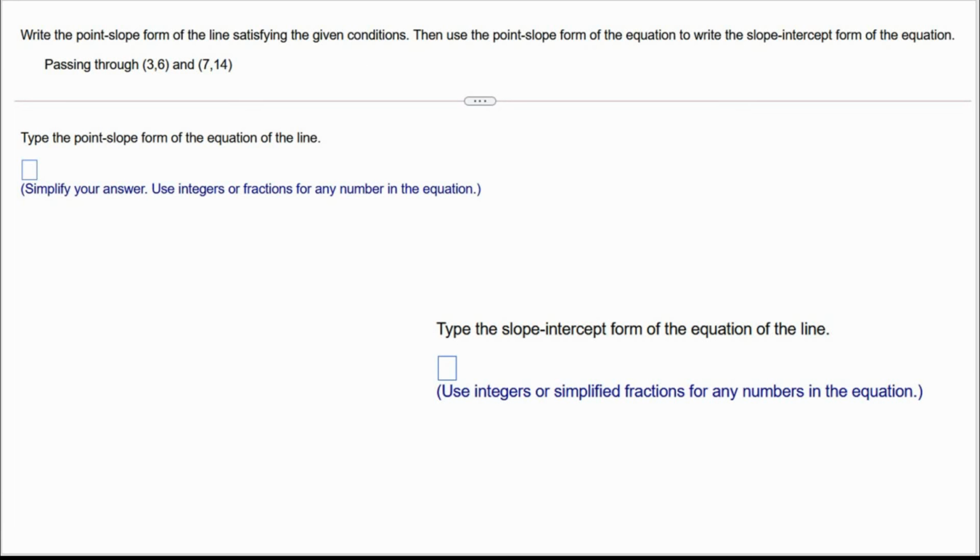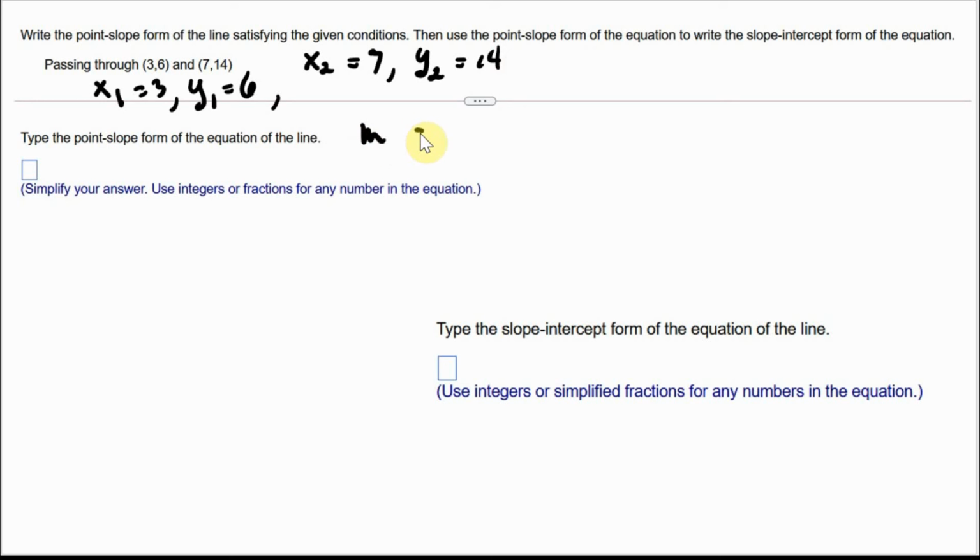Let's see. So here we're given 2 points. We're given x sub 1 is 3, and y sub 1 is 6. And then x sub 2 is 7, and y sub 2 is 14. So I'm going to use that to find the slope.